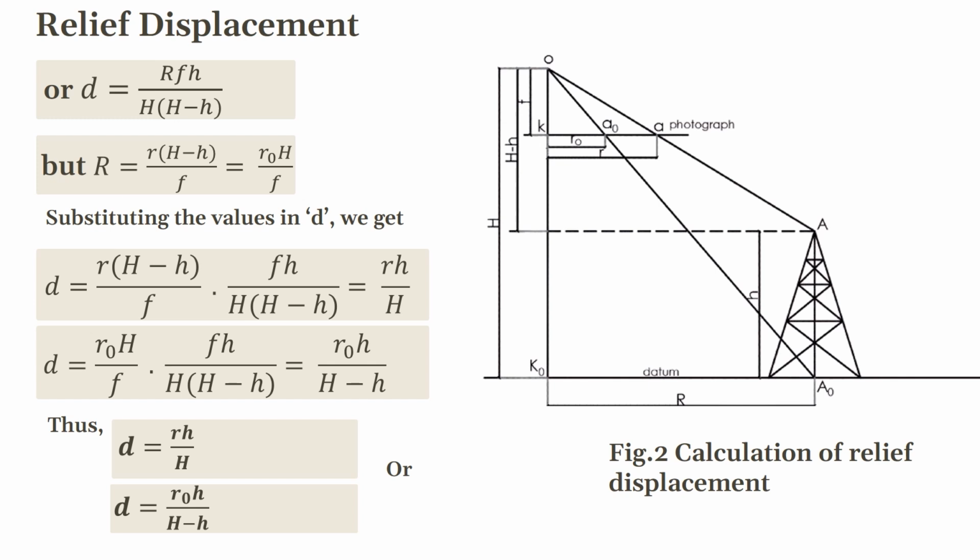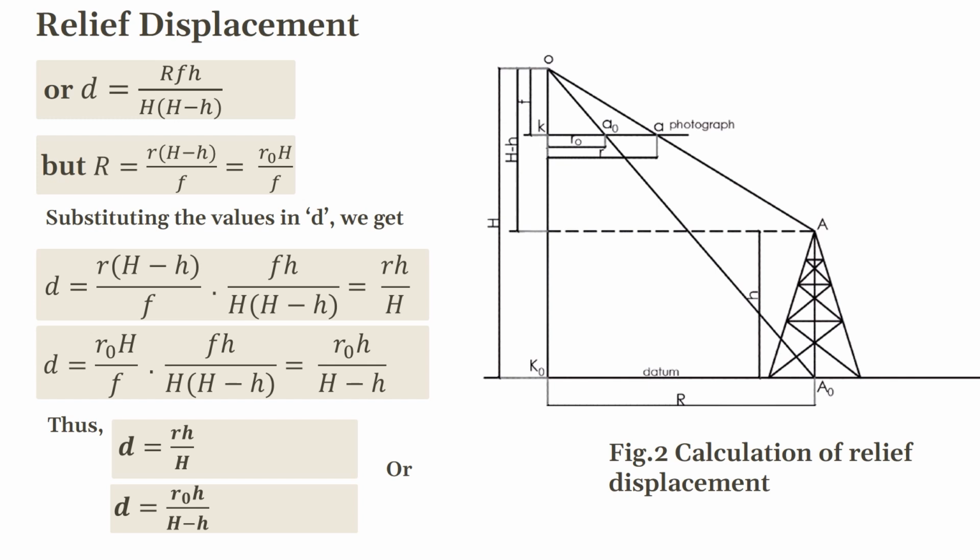Now, substituting these equations individually into the relief displacement d, we arrive at small d is equal to r into capital H minus small h by f into f h by capital H into capital H minus h, which yields small r into h by capital H, and small d is equal to R naught capital H by f into small f h by capital H into capital H minus h, which yields R naught h by capital H minus h.